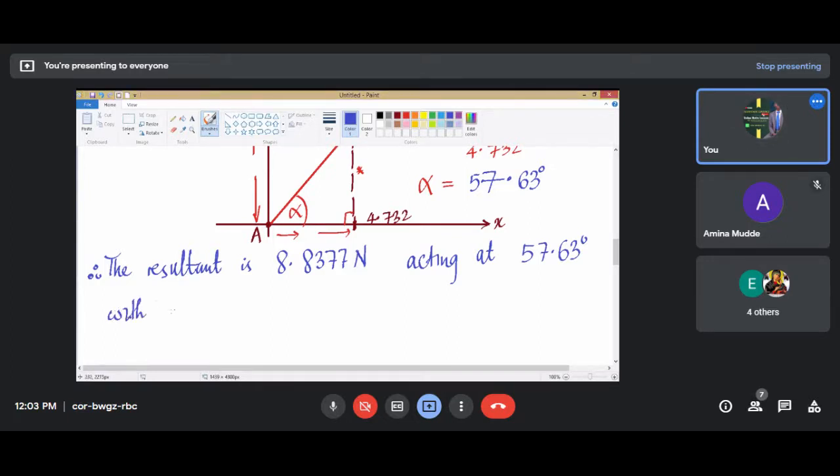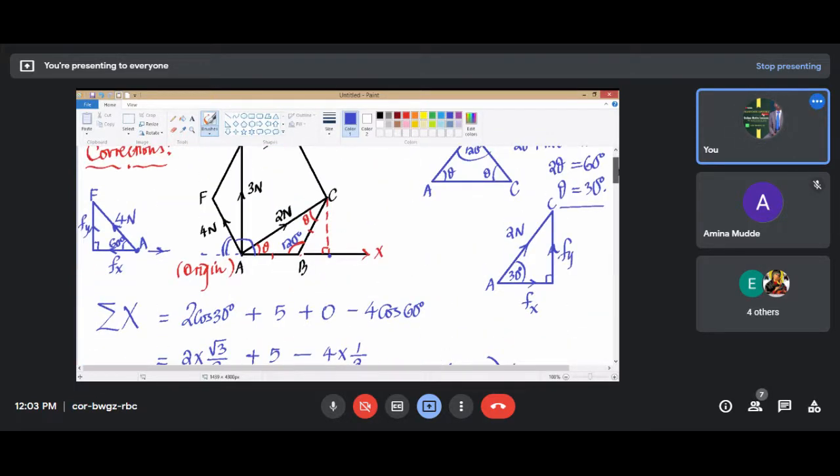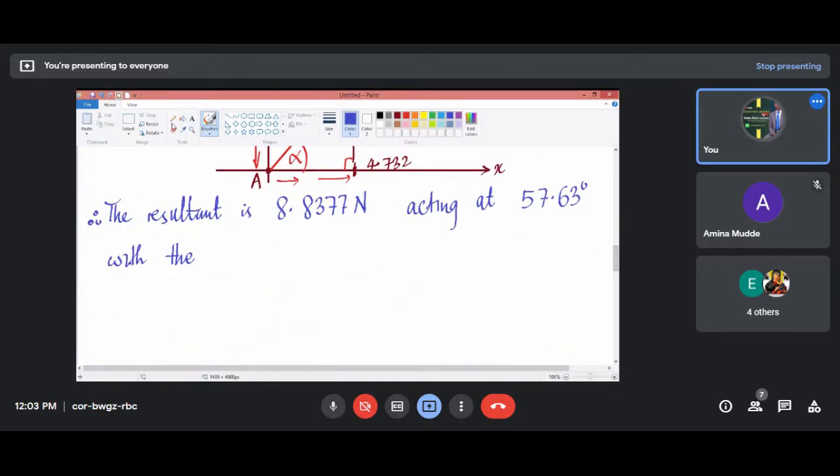We just have the line AB, and we don't have a force on that line, so it would be better to say acting at 57.63 degrees with the line AB.